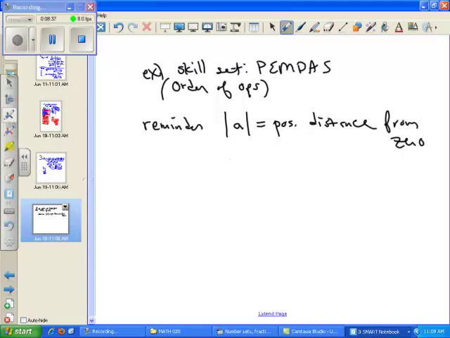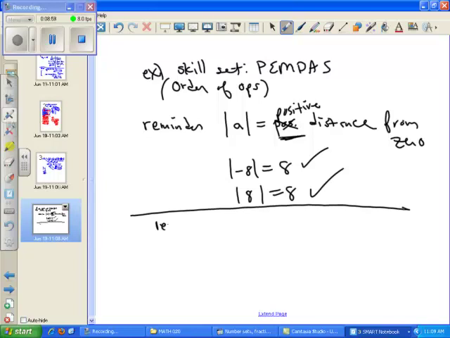So the absolute value of -8 is 8, right? The absolute value of positive 8 is still 8, so it doesn't turn things opposite, it turns things positive, right? Positive distance from 0. Okay, so that's a little reminder.